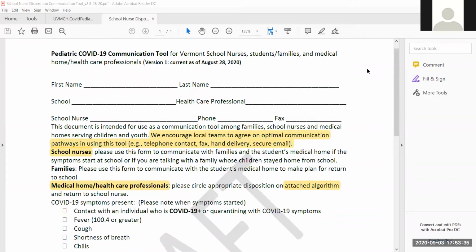One of the things about this particular problem in this pandemic is that a lot of stuff is going to be held really close to the vest. We're not going to be talking about someone having symptoms of COVID until they've had a PCR and it's been confirmed or not, and contact tracing has had a chance to talk with that family, because it could get really messy in a lot of the communities in our Central Vermont area. So I just want everybody to keep that in mind as well.